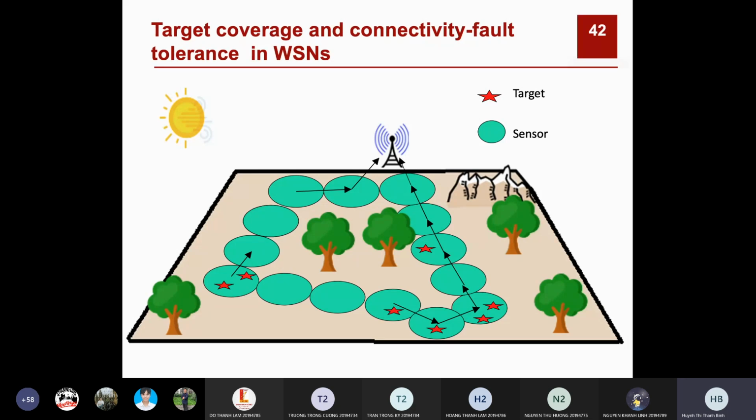In this case, you can find two paths from one sensor to another. If you can always find two paths from one to another, then if one sensor dies, you can find another way. So we call that target coverage and connectivity fault tolerance in wireless sensor networks.